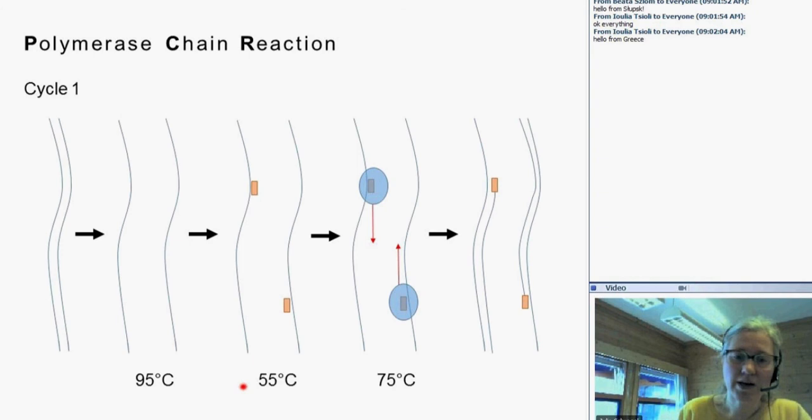And then you're heating the whole mixture up again to 75 degrees. This is all automated, so you're not standing there on the stove doing that. So you're heating them up to 75 degrees, and then this artificial polymerase comes, attaches itself to this region here, it recognizes it, and then it starts building, like what's happening in the cells with the DNA polymerase, it starts building a second DNA string, so the other part of the ladder here.